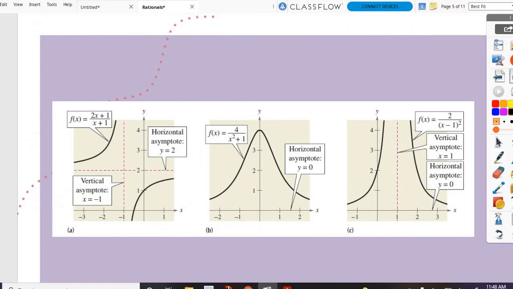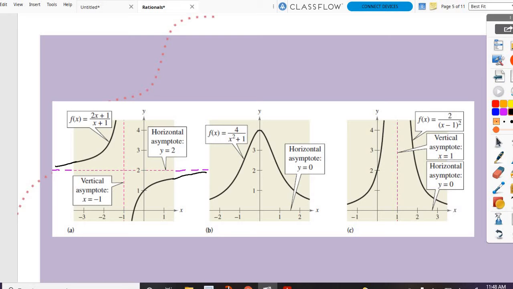So here are some examples. On our first one, this has a vertical asymptote and a horizontal asymptote. It's kind of hard to see, but if we were to extend this graph horizontally, it never touches it, but it is going to get really, really close.